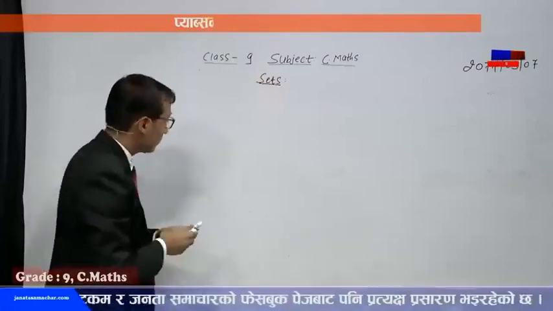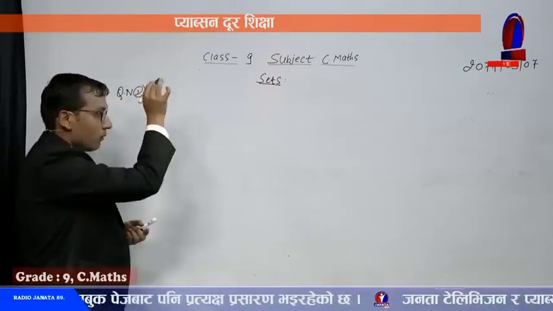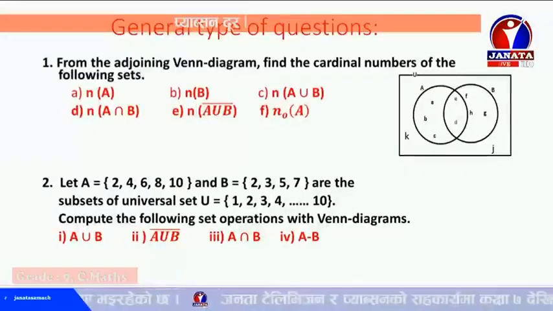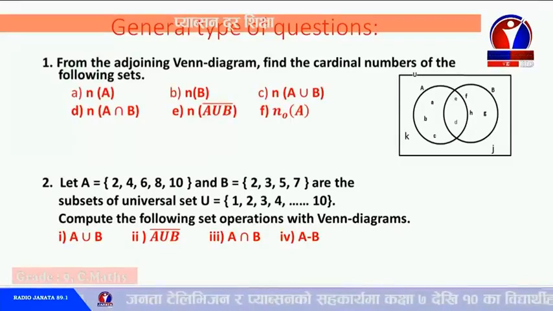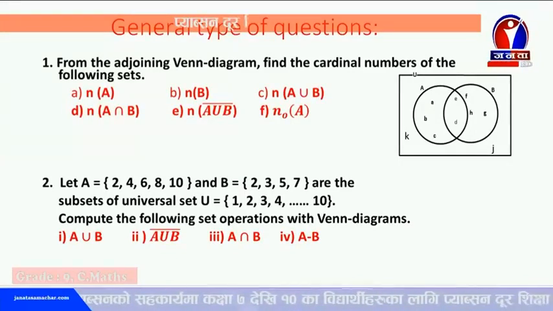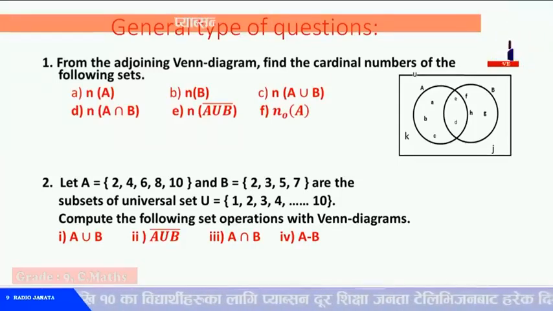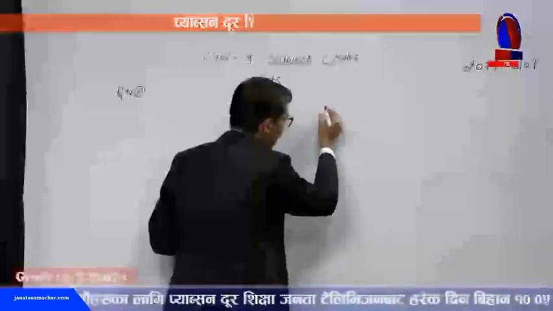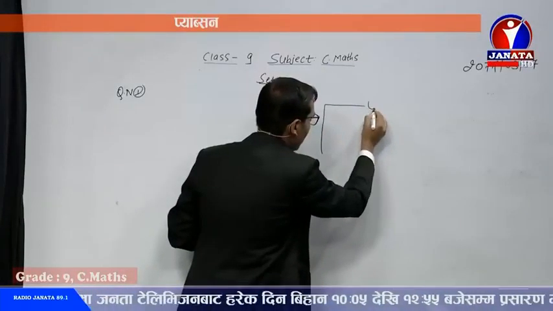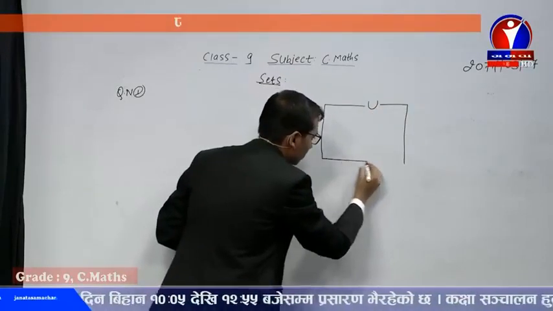In the first question, we can see in the diagram two subsets under universal set U. So let me draw the diagram. You also can draw this diagram and write down this question.